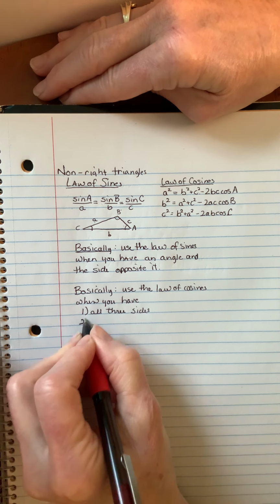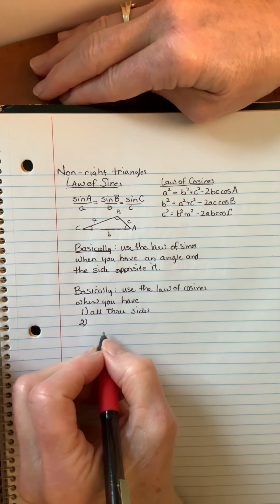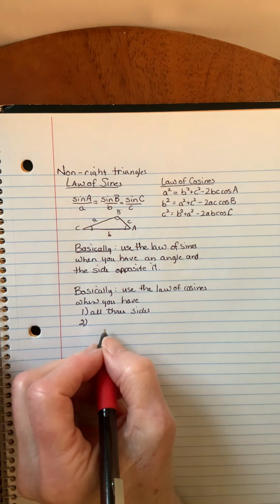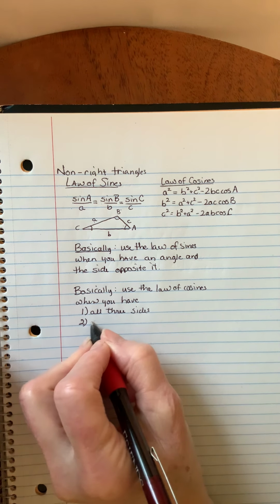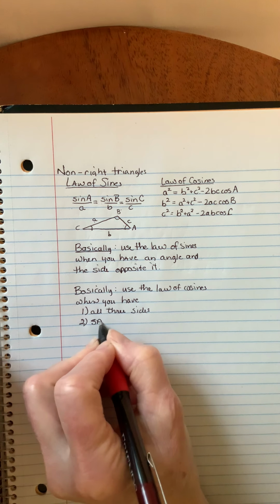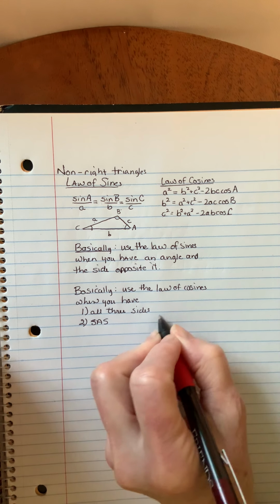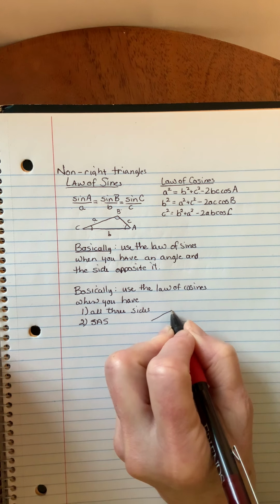Or, and this is getting back to some geometry stuff which you may or may not have studied, if you've got what's called side-angle-side, let me show you an example here.